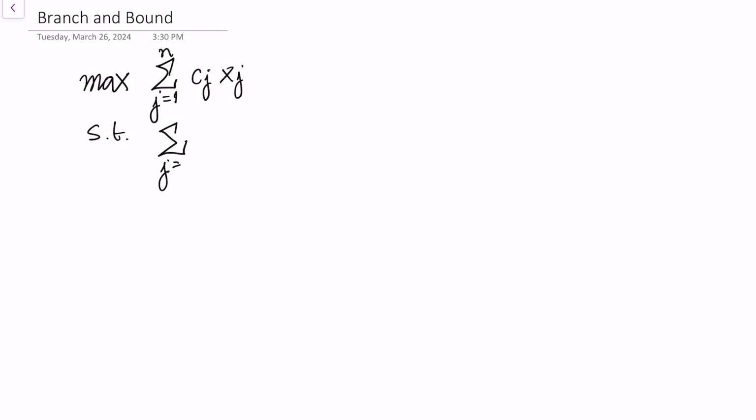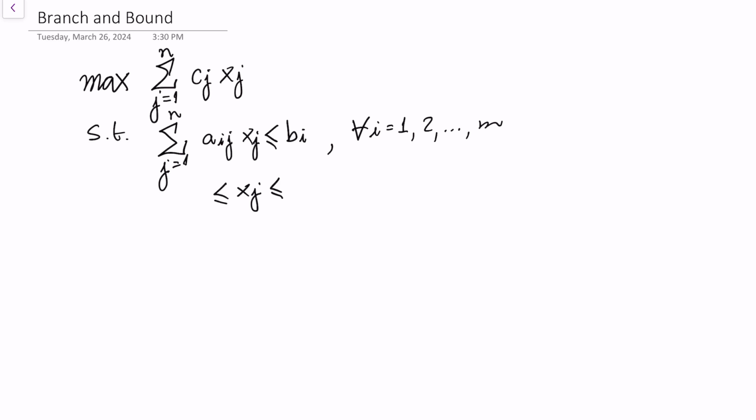So the summation of j equal to 1 up to n of aij xj should be less than or equal to bi, and this is for all i equal to 1 up to m. And then we would have bounds that would look like this. So xj is greater than or equal to a lower bound that in some cases is valued at 0, and less than or equal to an upper bound uj, for any j equal to 1 up to n.